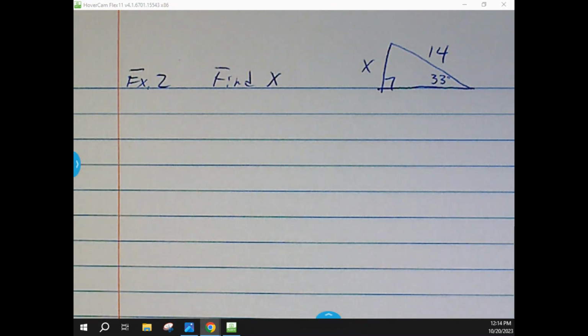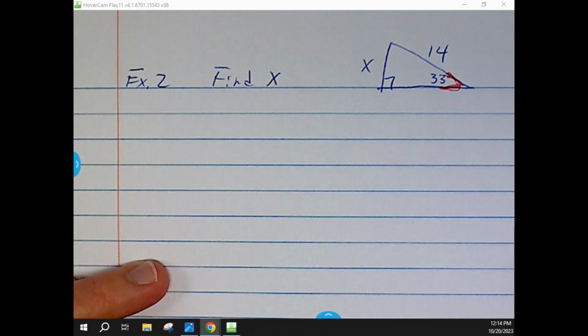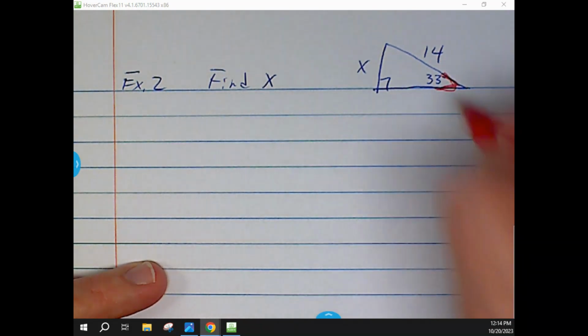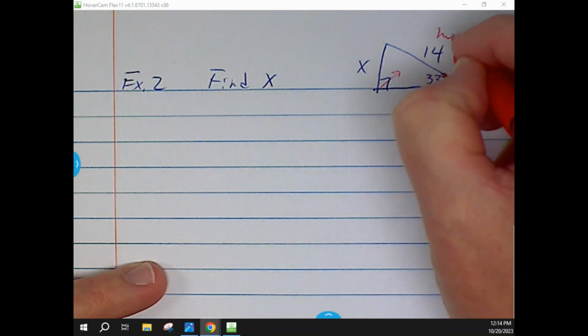Okay, so here's what you have to do with this one. If you're finding X, which means we're in this corner, you've got to label all your sides based on what you have. Now, the only sides you need to label are the ones that actually are showing up. So this side, we're not going to worry about it. So if we're standing in this corner, again, draw through the right angle. So this is the hypotenuse.